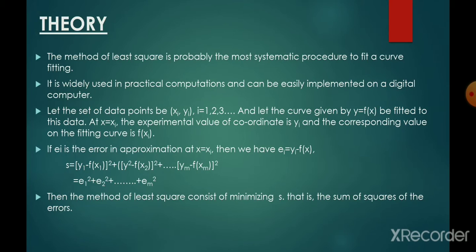That can be rewritten as e1 square plus e2 square plus etc plus em square. Then the method of least square consists of minimizing S, that is, the sum of squares of the errors. In this least square method we are minimizing S.